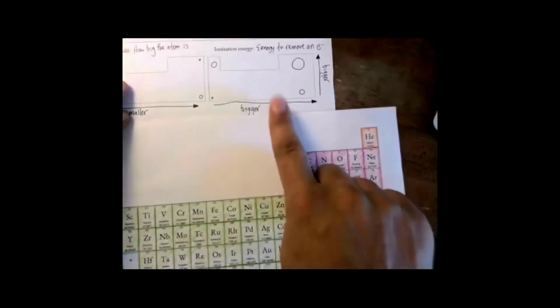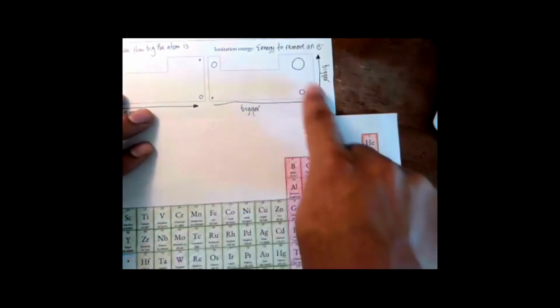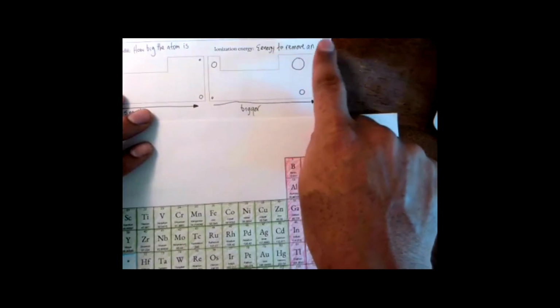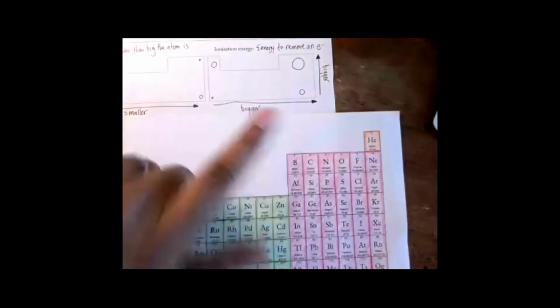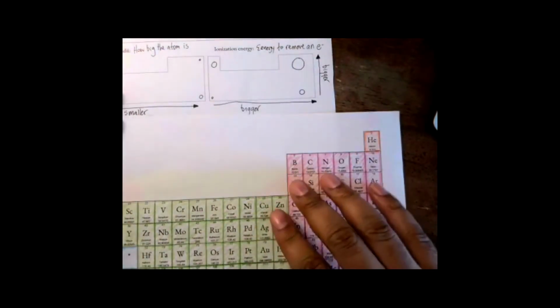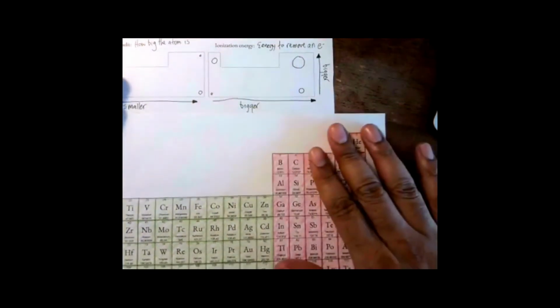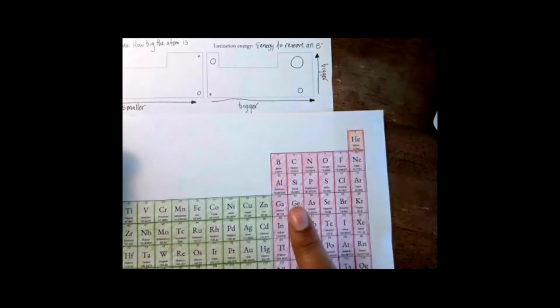I'm going to flip it in the interest of time because I want to get you out of here. Ionization energy. How much energy to remove an electron? Notice the pattern. I'm going to ask you the question. Which one has a bigger ionization energy?